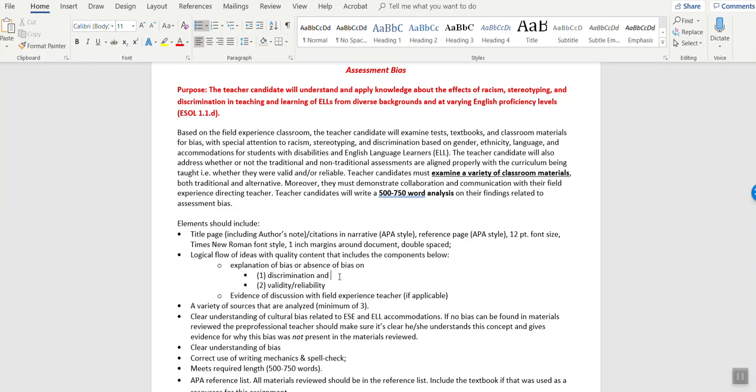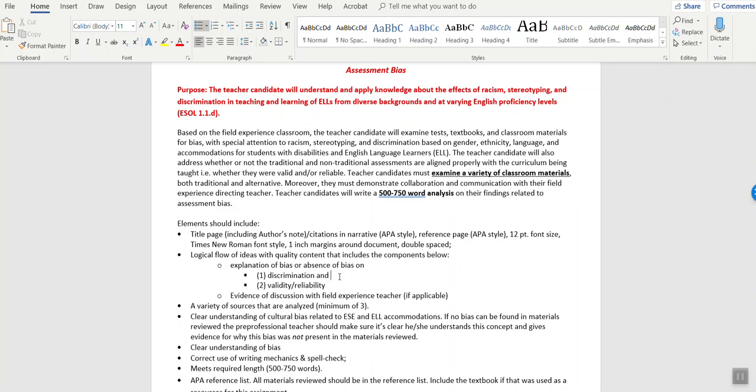So you may come up with what we call the absence of bias, and you're going to have to write about the fact that you reviewed some materials and there is an absence of discrimination bias, and it's perfectly fine. I just need to make sure you understand what bias is. So if you can't find it, explain what you were looking for and the fact that it wasn't there, and that will cover that discrimination bias.